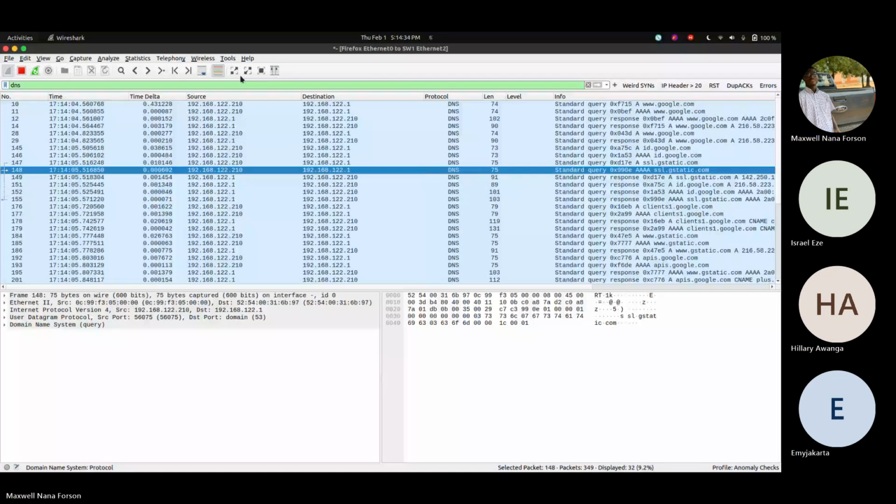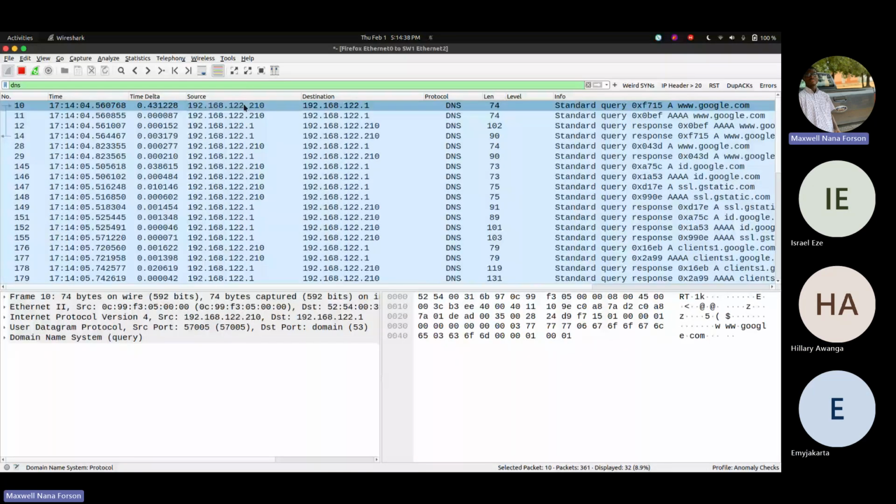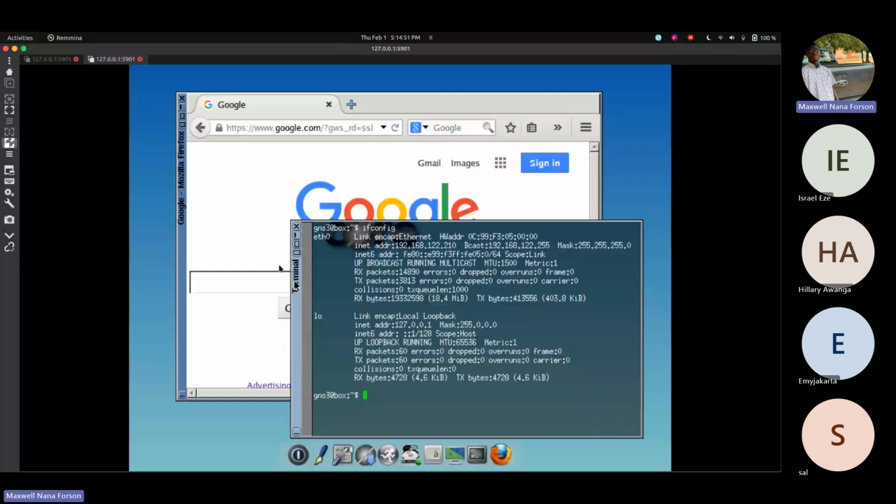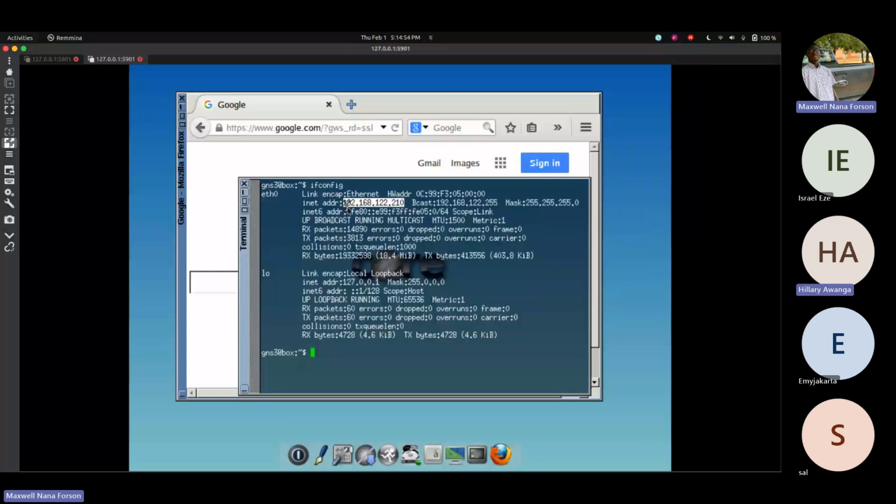Okay, so here, this is what is happening. I would like to show my IP address first. If I do an ifconfig here, you can see that my IP address on this system is 192.168.122.210. And then my default gateway, that is the IP address of my router, is 192.168.122.1.